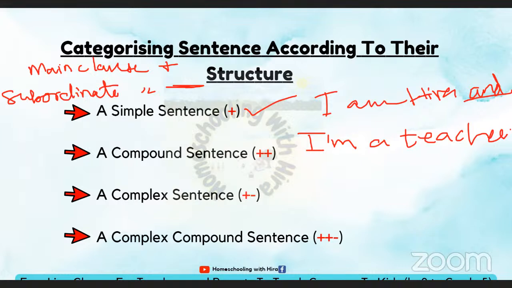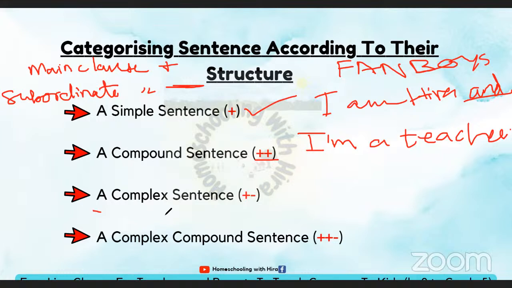I am Hera and I'm a teacher. So it means that 2 plus will come here. It's called a compound sentence. If you are joining your sentences with a coordinating conjunction, FANBOYS, it means that you are writing compound sentences.